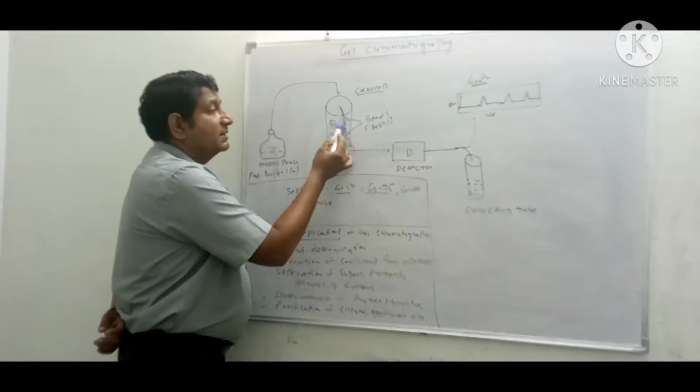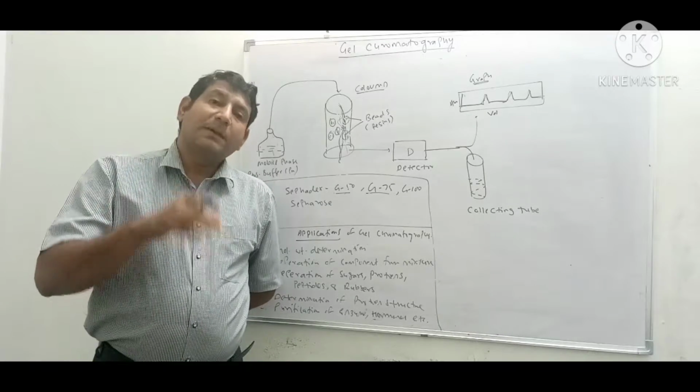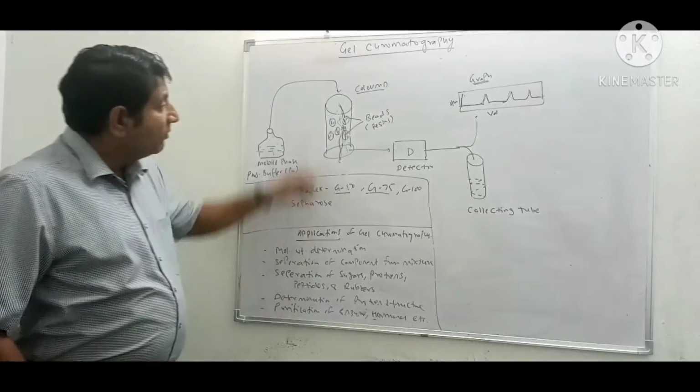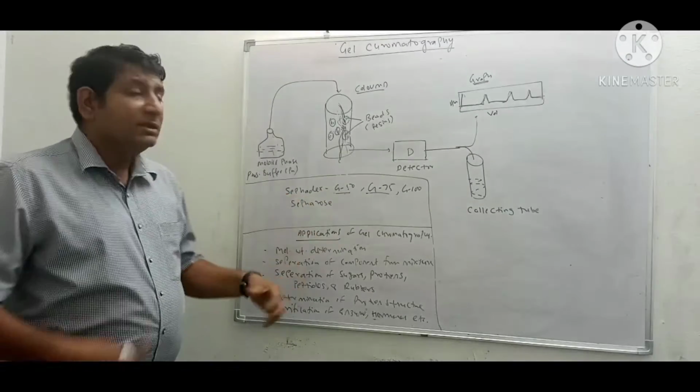Voids are the free spaces in between the beads. So the solutes can pass through the pores present in the beads, or through the voids present in the column.